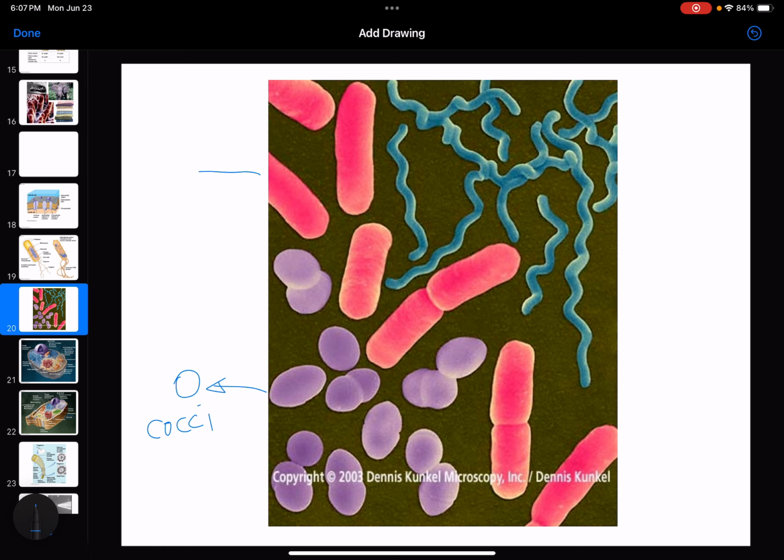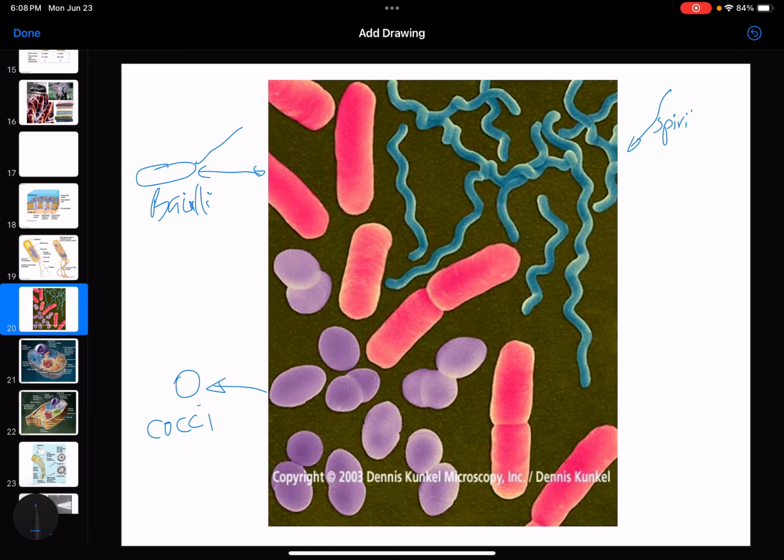These rod-shaped ones over here, those are called bacilli. They have the shape of a rod. E. coli, you might have heard of E. coli. That's a bacilli-shaped bacteria. And E. coli can have a flagella also. And then over here, the spiraling one, we call that spirilla.